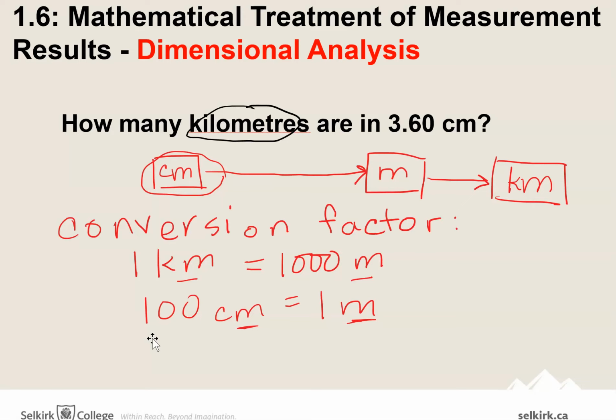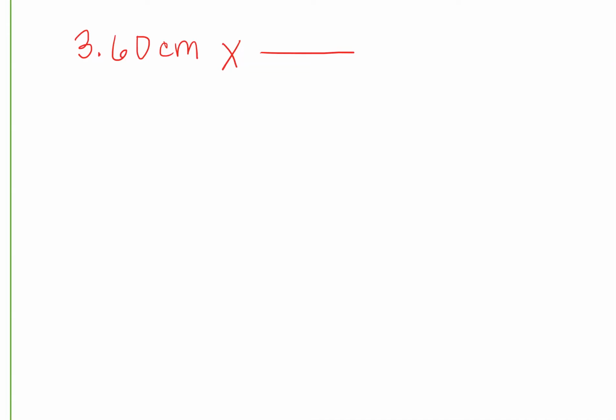I'm going to put one of those numbers, either 100 centimeters or 1 meter, in the numerator and the other in the denominator. Because when I have equal values in the numerator and denominator of a fraction, then I know that value is 1. And I can multiply by the number 1 as many times as I like without changing the value. Now, which part do I put in numerator and which in the denominator?